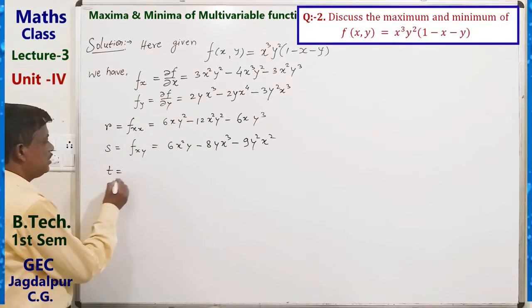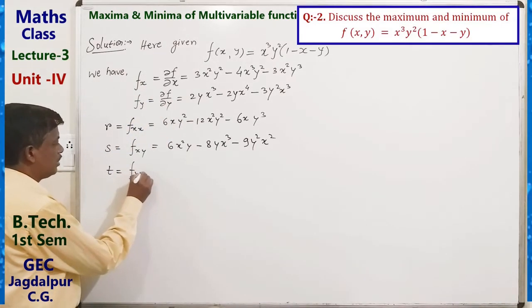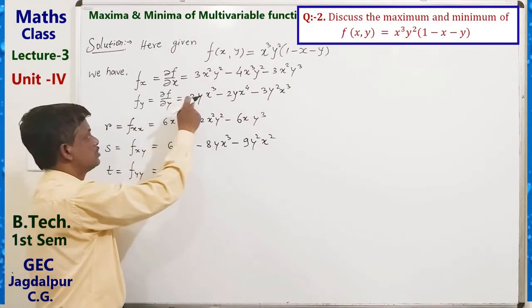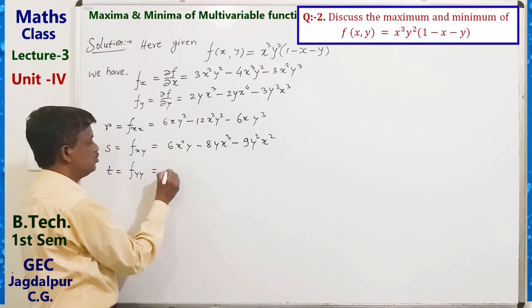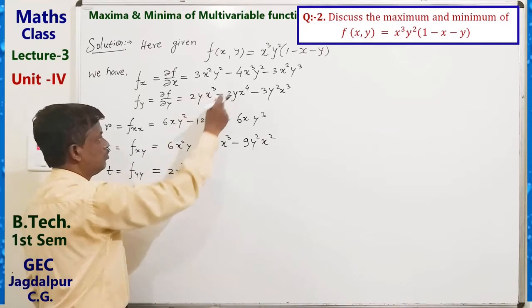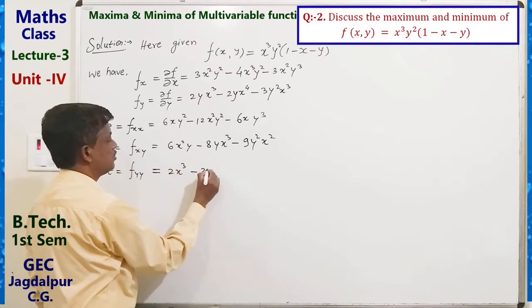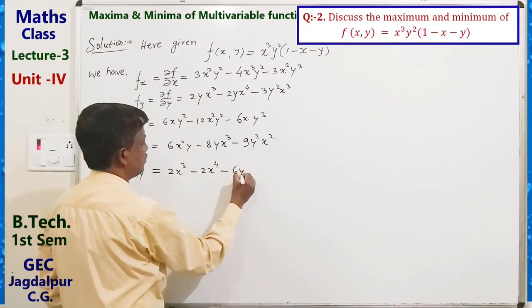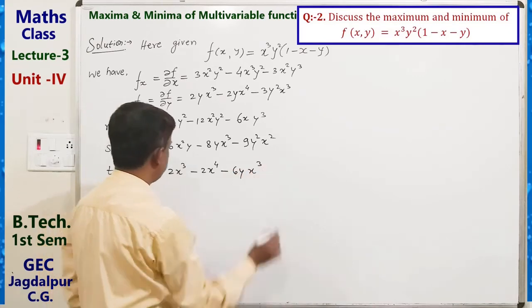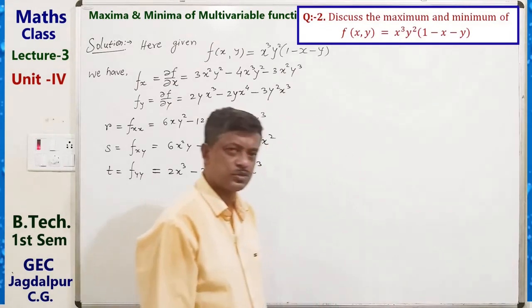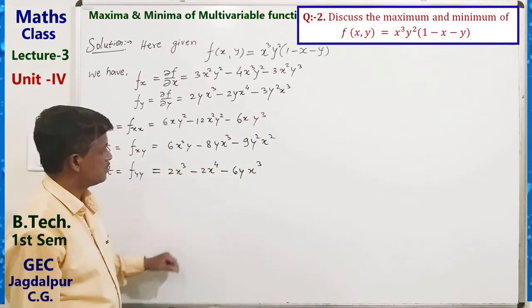Okay, t equals fyy, again differentiate with respect to y. So 2x cube minus 2x power 4 minus 6y x cube, that is 2x cube minus 2x power 4 minus 6x cube y.